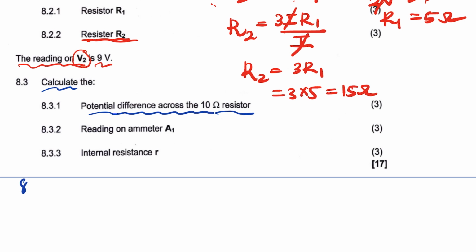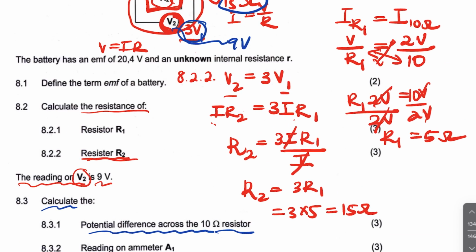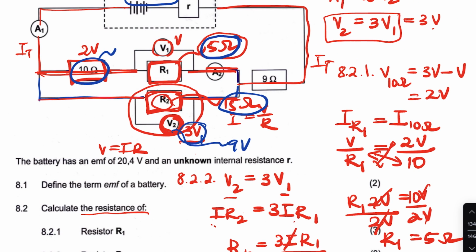Calculating, it's 8.3.1. We want the potential difference here. We wanted this V. We know it's 2 times V, but we want to know this voltage, right? This is 1V, and it's 2V, and it's 3V, right?